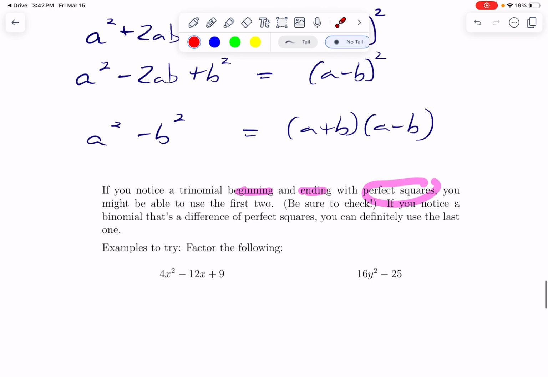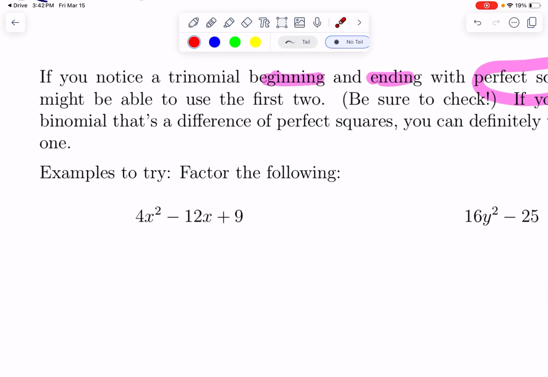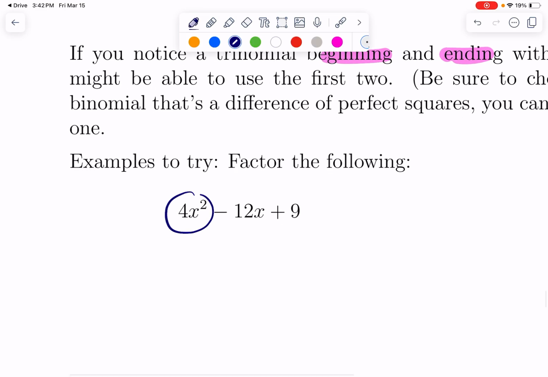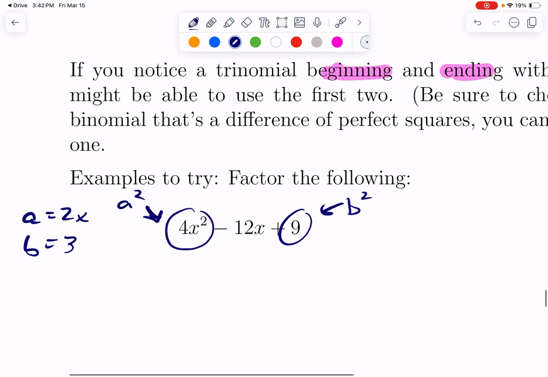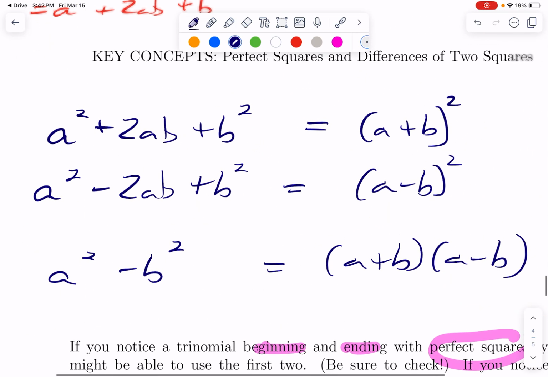Okay, I hope you hit pause to do that. So here, what we might notice is, oh, this is starting with a perfect square. It's like a equals 2x, and I'm starting with the result of squaring 2x times 2x. I want to be on the lookout for perfect squares. And if b is equal to 3, that's what I have here. So this begins with a perfect square and ends with a perfect square. Maybe it's following one of these patterns. Let's ask ourselves about this middle term.